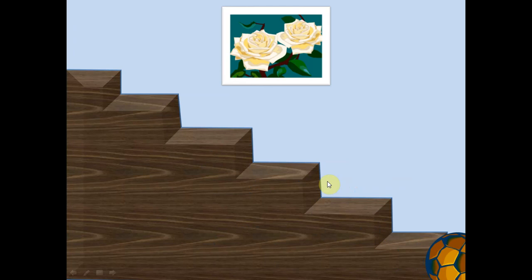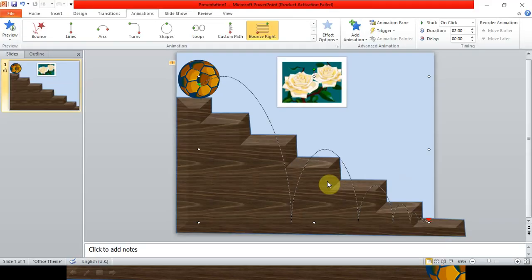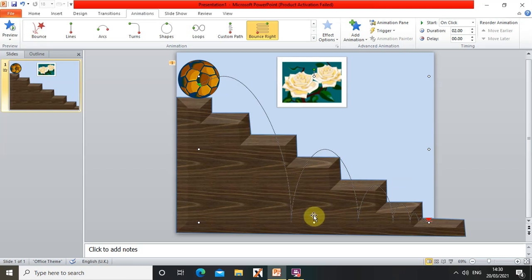It's not on the stairs when our ball should be on the stairs, right? So let's do it. We need to make this at a proper height, and then it seems like we have to turn it kind of. Then put it here.